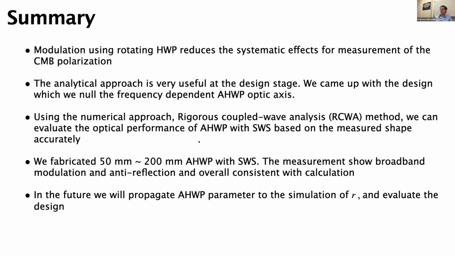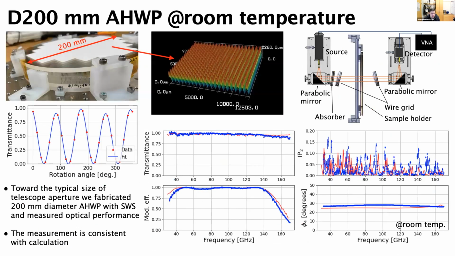Is there any question? Jon? Yes, thanks for the talk. I guess it's a technical question, but this RCWA method for estimating essentially the Mueller matrix of this entire structure with the sub-wavelength anti-reflection coating.